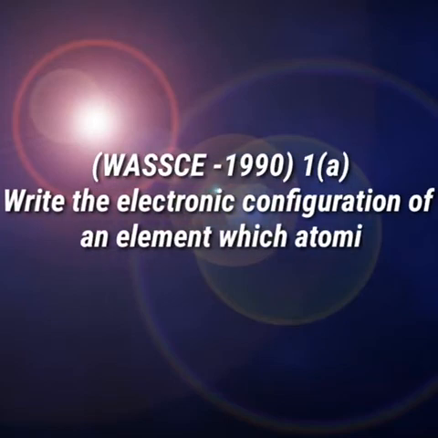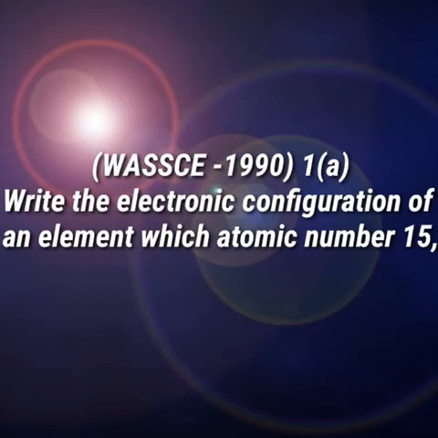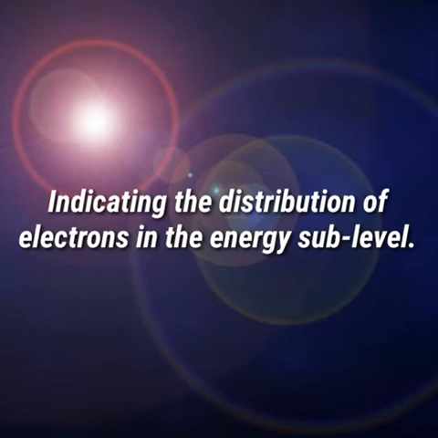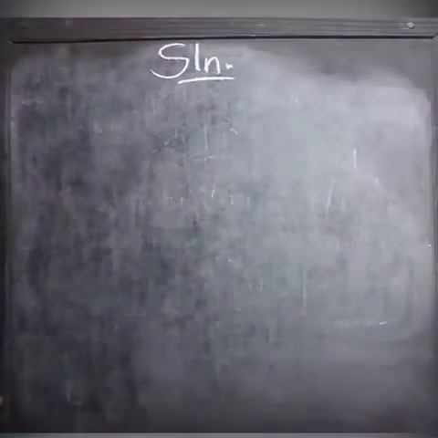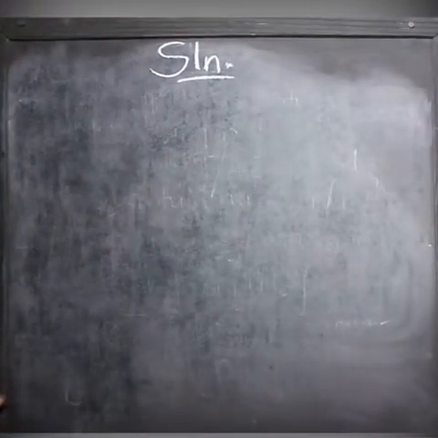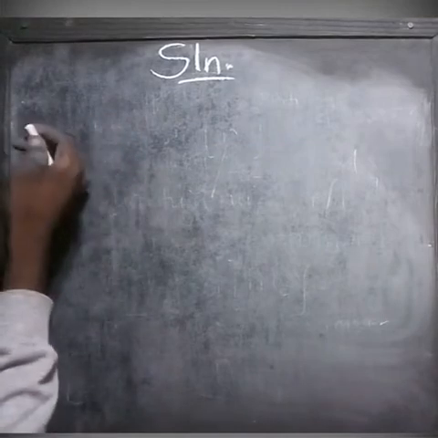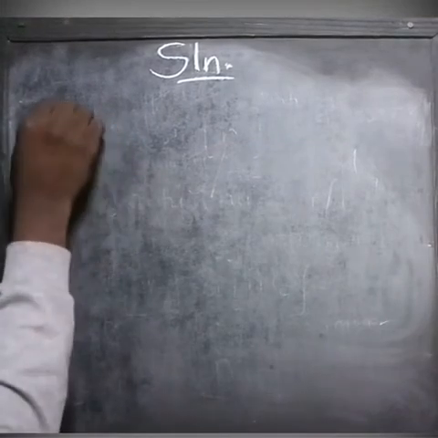The next question said, write the electronic configuration of an element with an atomic number 15, indicating the distribution of the electrons in the energy sublevels. So here, to write an electronic configuration of an element correctly, you need to know the order of filling of atomic orbitals. That is the Aufbau principle. So let's show you how to do it quickly.